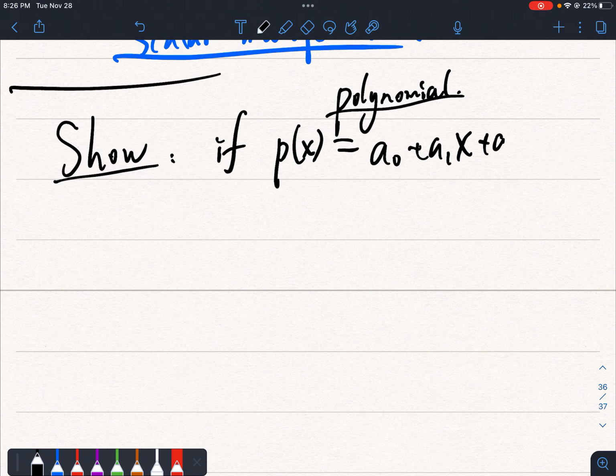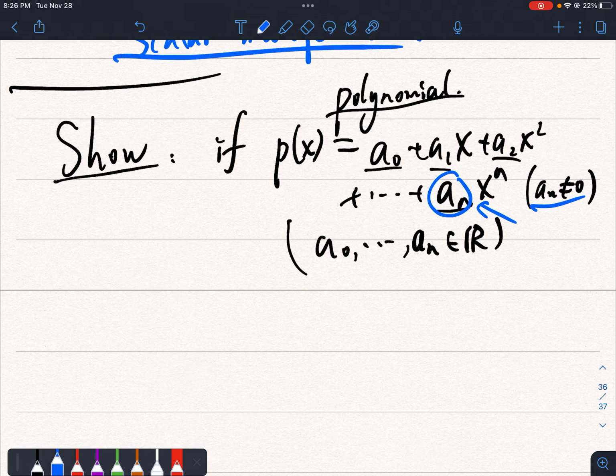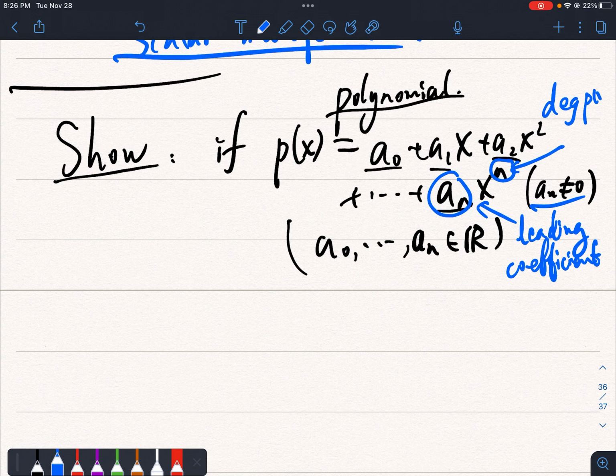A polynomial is a function that can be written as a0 plus a1 x plus a2 x squared plus all the way up to an x to the n, where an is non-zero, and all the coefficients a0 up to an are real numbers. This an, if it is non-zero, is called the leading coefficient. The corresponding n is called the degree of the polynomial, denoted by degree of p of x. And a0 is called the constant term.